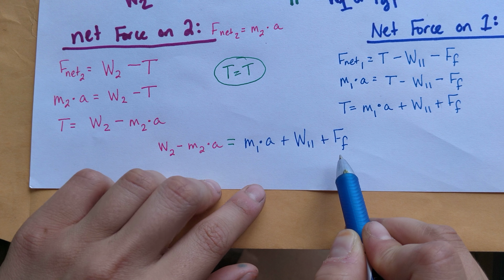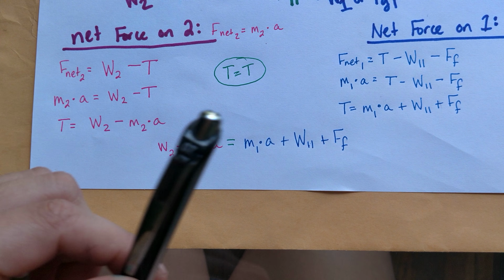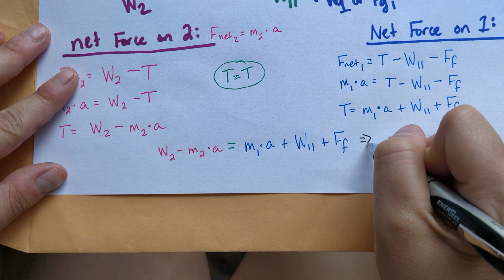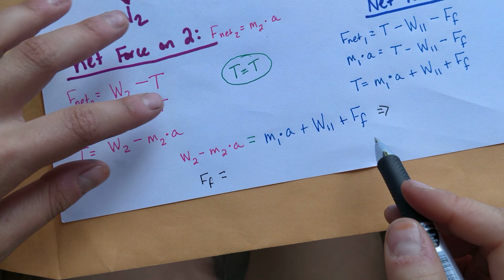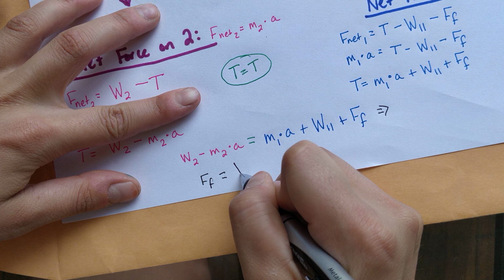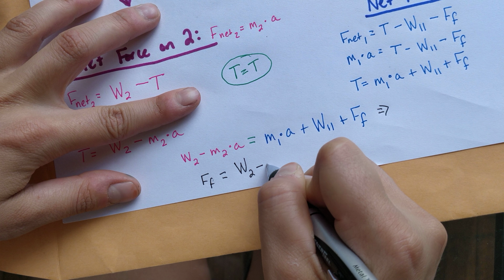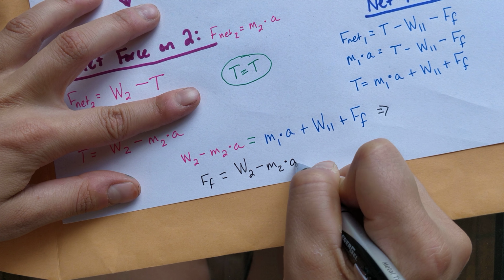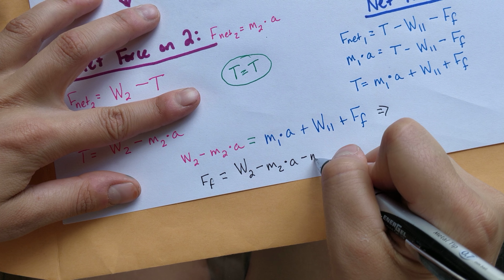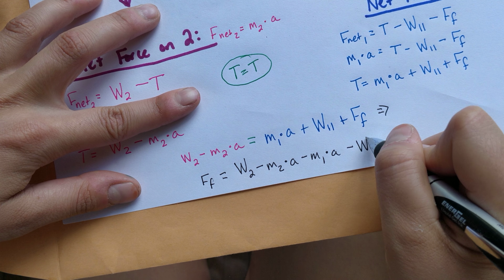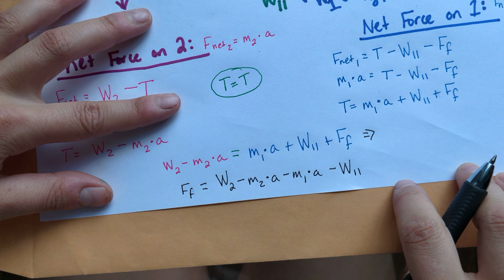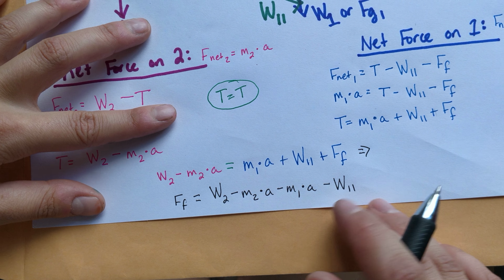So let's go ahead and solve for it. Force of friction equals my weight sub 2 minus m sub 2 times A minus m1 times A minus the parallel component of weight. A lot of negatives.